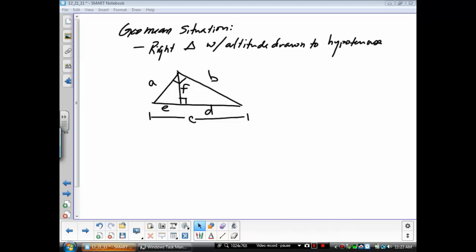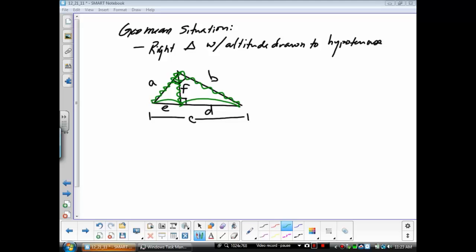I picture this as kind of a duck foot. Here is the webbing for my duck foot. The bones of the duck foot, which are here, here, and here, are the means. The pieces of the webbing, which are E, D, and C, are the extremes in the proportion.